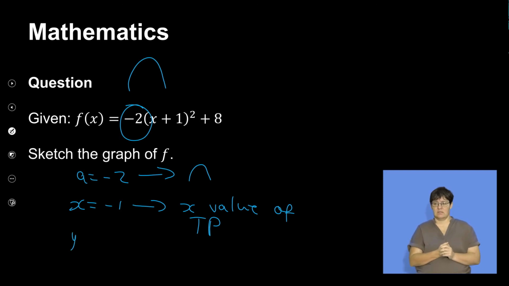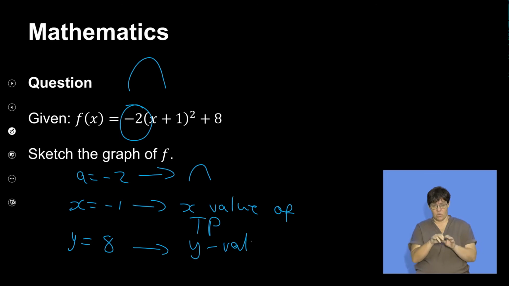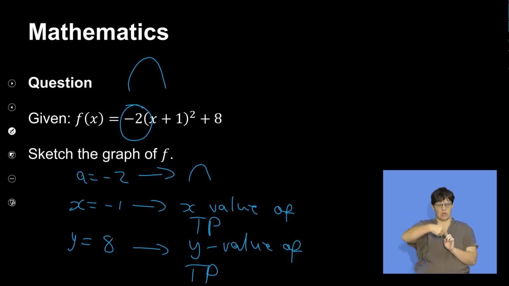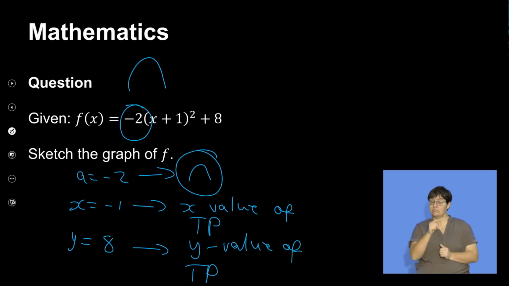And y equals the q value, which is 8, and this will simply be the y value of the turning point, TP. So roughly, you can already see that this is going to be a sad face, and with it being a sad face, the turning point must be at the point minus 1, 8.